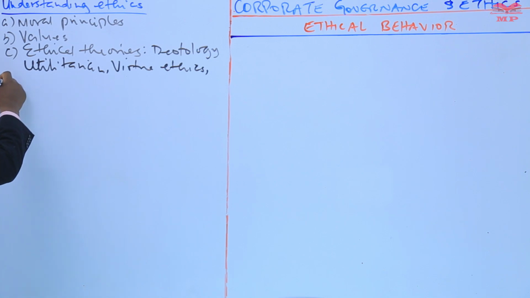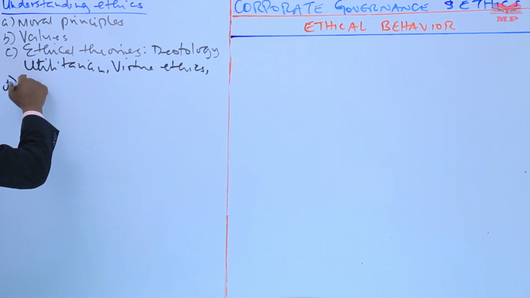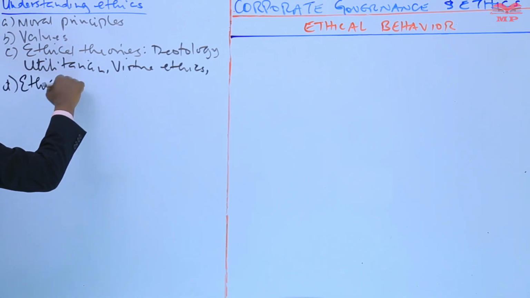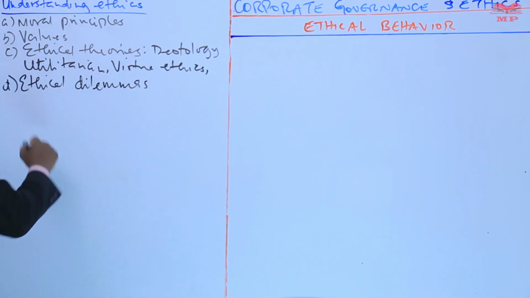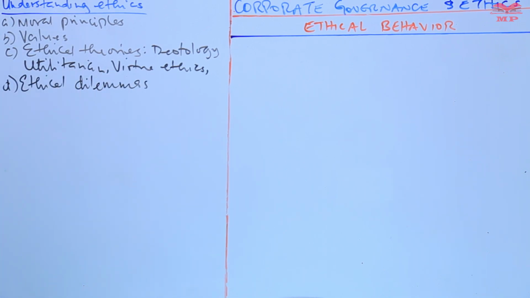Another aspect of understanding ethics is ethical dilemmas. Now, ethical dilemmas are when there are conflicting moral principles or values at stake.